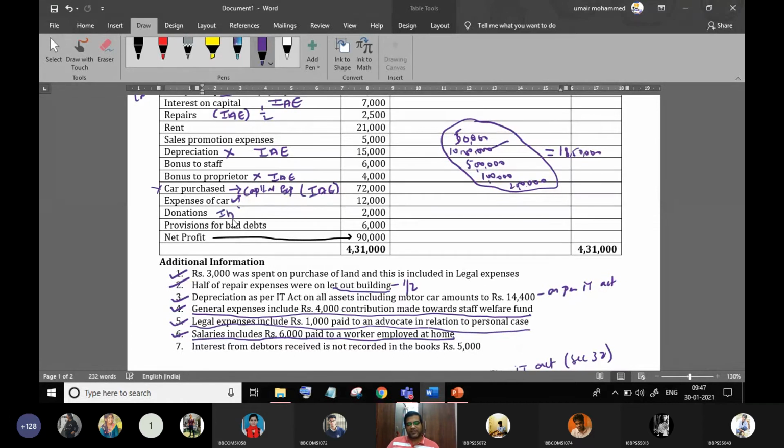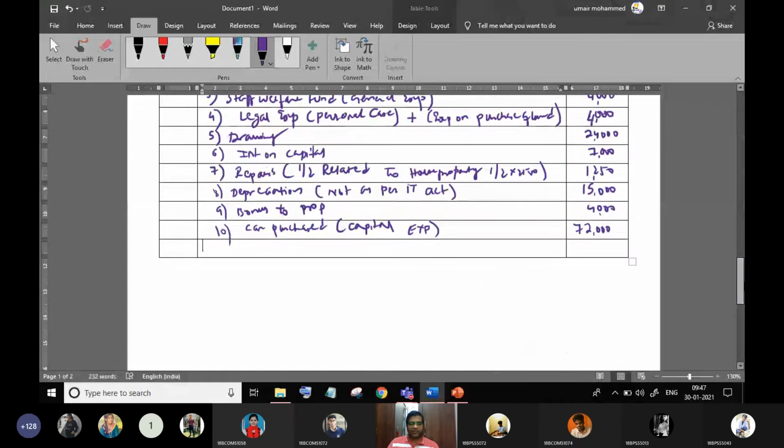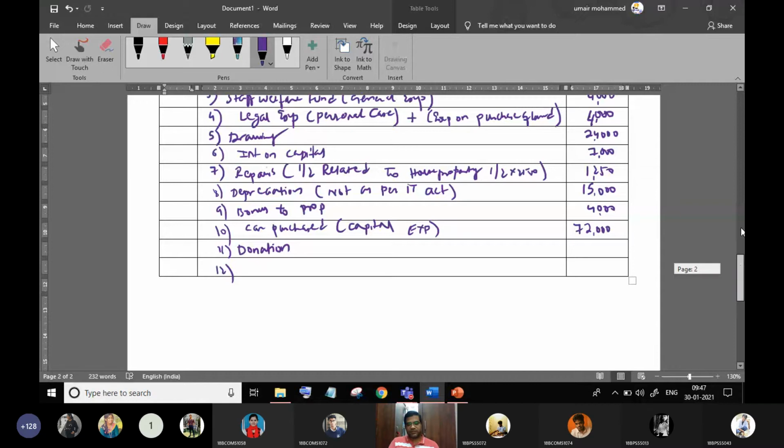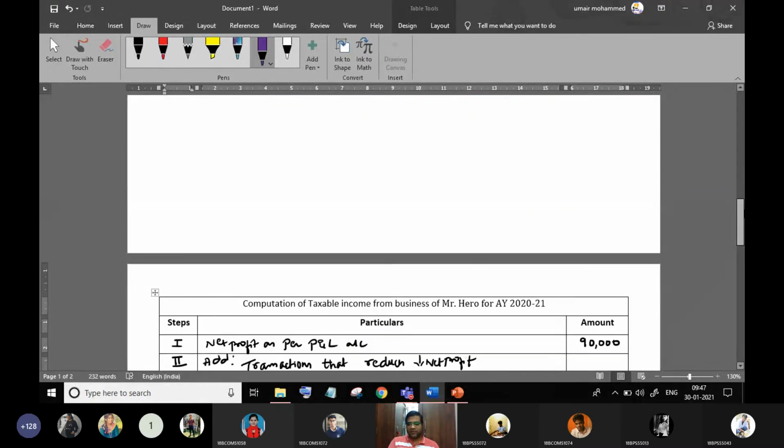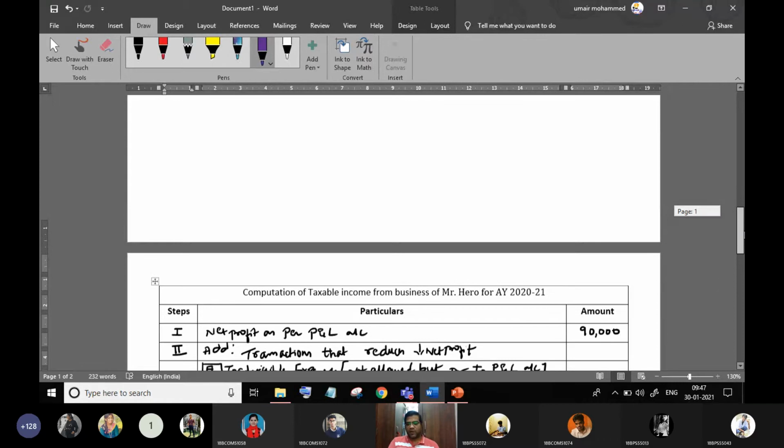Now, next is donations. You know, donations are not related to business, and therefore it is inadmissible. So donations, inadmissible expense. So donation amount is 2,000 rupees. Next to donation, you have provision.